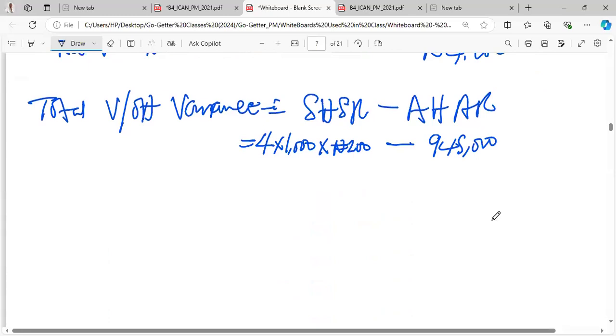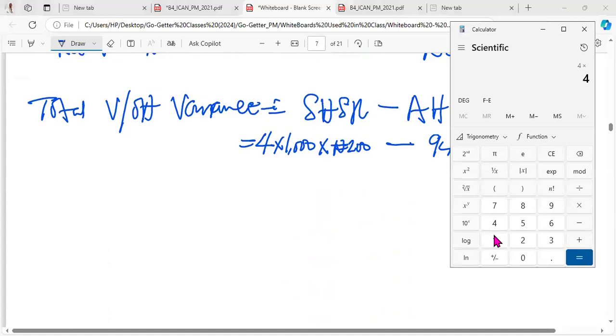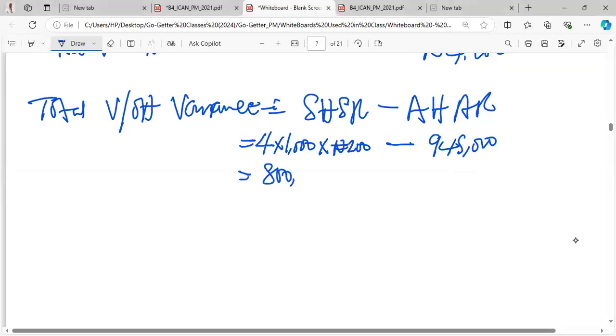We have 4 times 1,000. You have to be very careful when you're doing variance. If your total is so high, then it means there is something you have not done. So this is 800,000. Then 945.